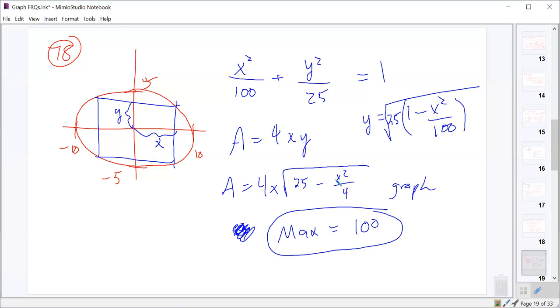You need to see when 25 minus x squared over 4 equals 0. So you want to set your window probably from 0 to 10 on x, and then you probably have to set your y values quite a bit higher, obviously up to at least 100 to see where that max occurs. So you just have to change the values in your graph to calculate that max. Does that make sense to everybody? Any questions on that?